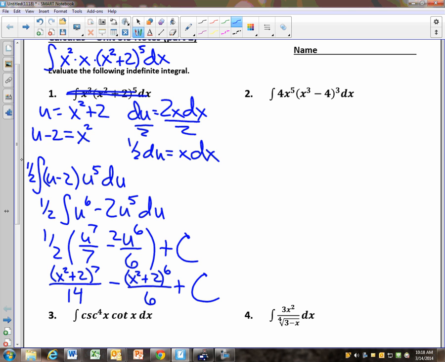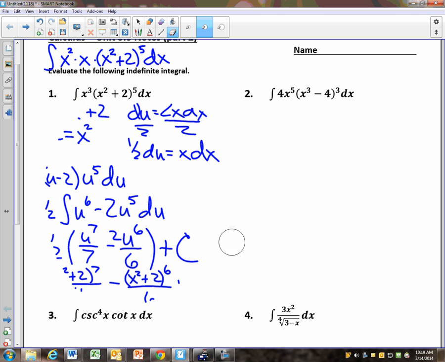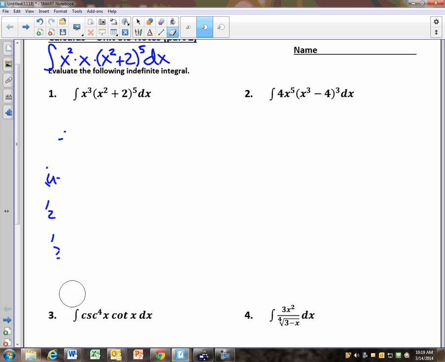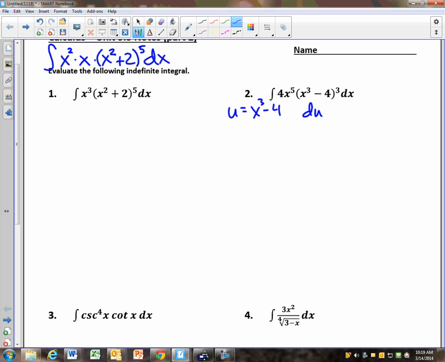All right, let's do another one. u equals x to the 3rd minus 4. du is 3x squared dx.